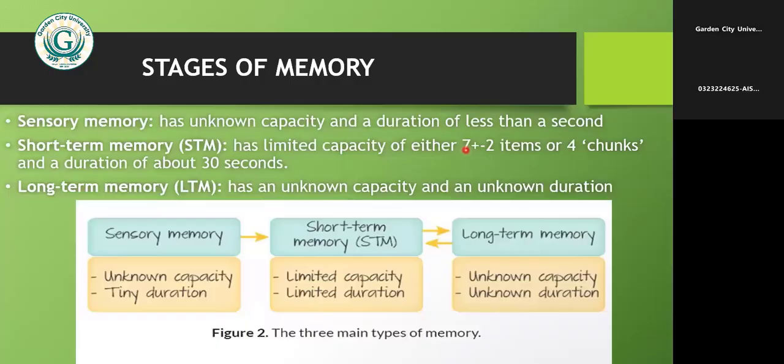So I'm saying it has a limited capacity of 7, take or give away 2. Meaning it can store a maximum of what? 9, and a minimum of what? 5. Does that make sense?